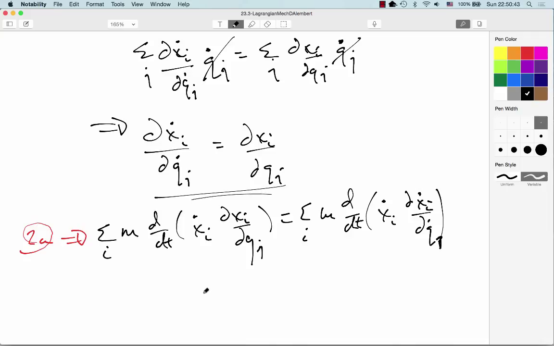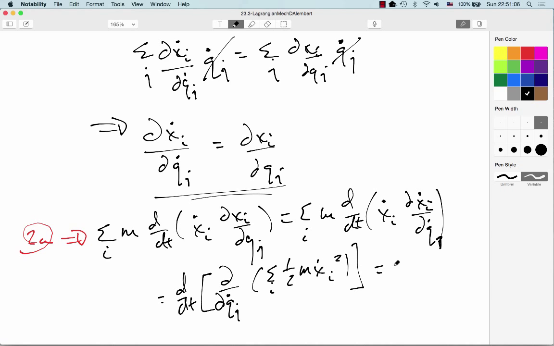We can write that a little further as d/dt of what you would get if you differentiated with respect to your qj dot the sum over i of 1/2 m xi dot squared. Yay! So we recognize that this is d/dt of partial T partial qj dot. Okay, hold that thought.